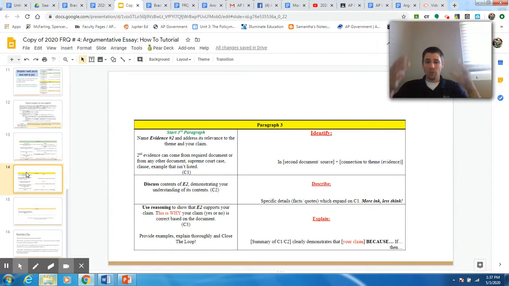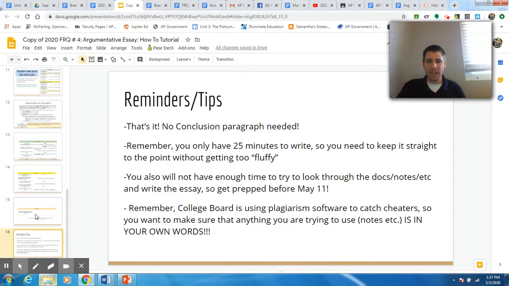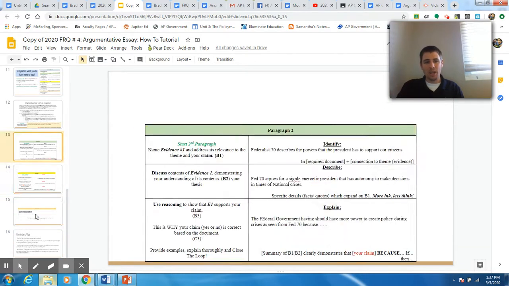For example, here's my explanation: Shays' Rebellion. Shays' Rebellion was problematic. If we had a strong central government, they could do more to support our citizens, or that states alone can't act, right? So you can take the negative with that. Anyway, I hope that helps.